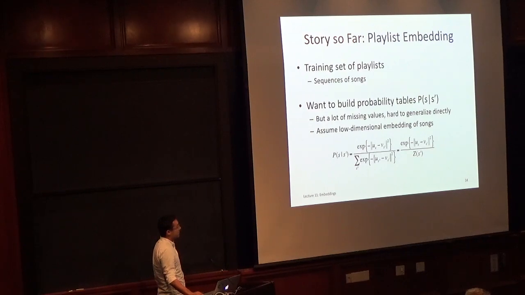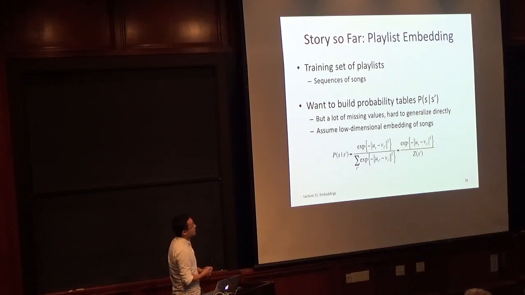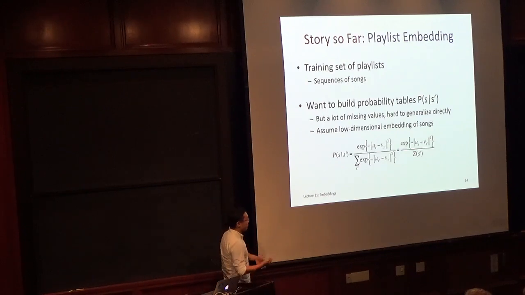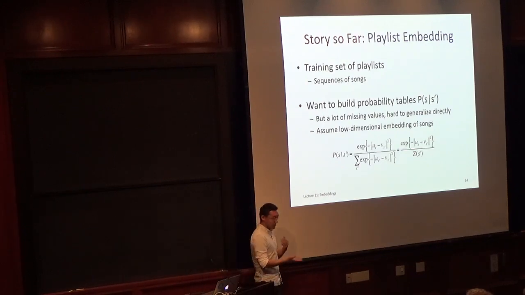So, for example, just like in the Netflix problem, not every user rates every item, but somehow we assume that there's low-dimensional variability, so we can share information between them by learning these feature representations of users and items. And in the Netflix problem, the scoring function is the dot product between the users and the items.